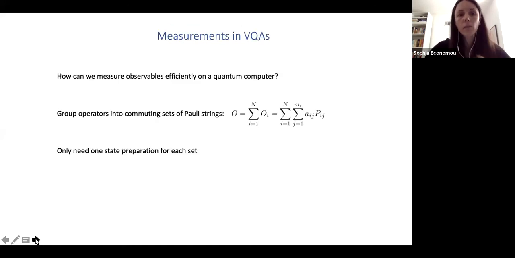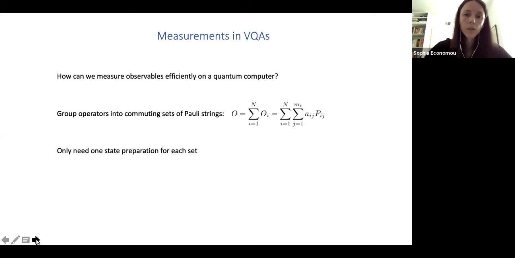So one thing is the measurement. I will not show you any results on this, but I just want to give a feel for it. As I already mentioned, the Hamiltonian is now represented as a weighted sum of Pauli strings. You can group those Pauli strings in commuting sets. And then, of course, you only need one state preparation for each set, because you can measure the commuting ones simultaneously.